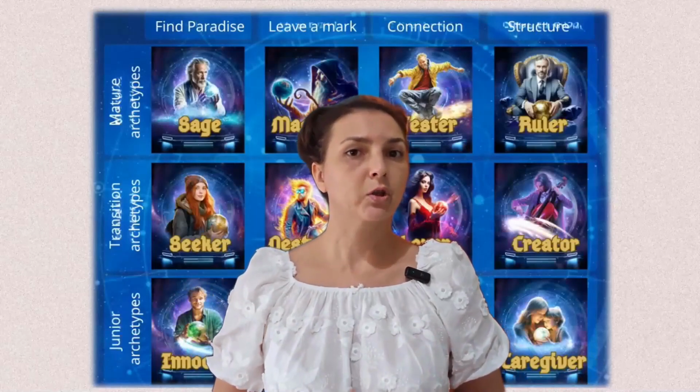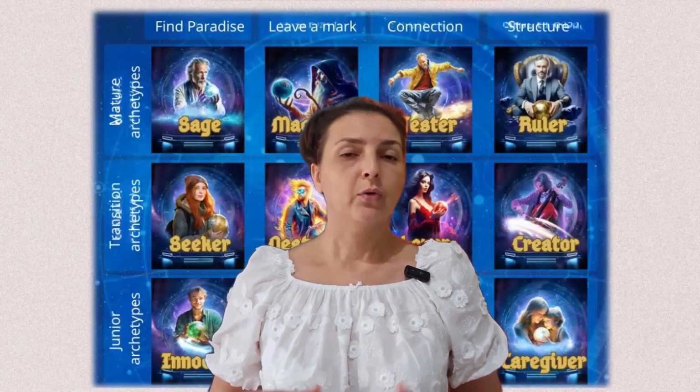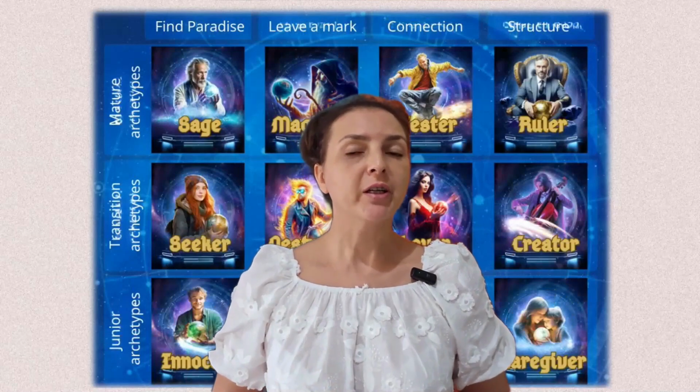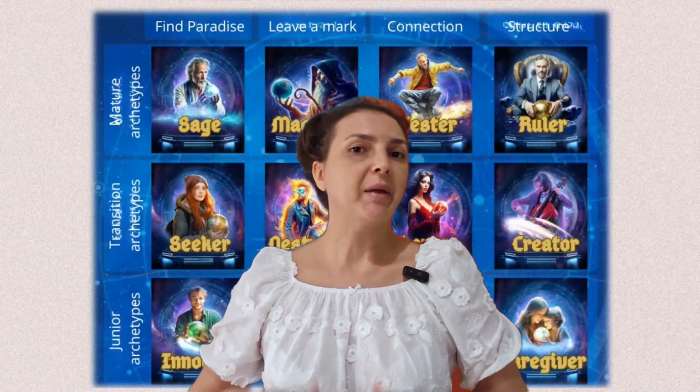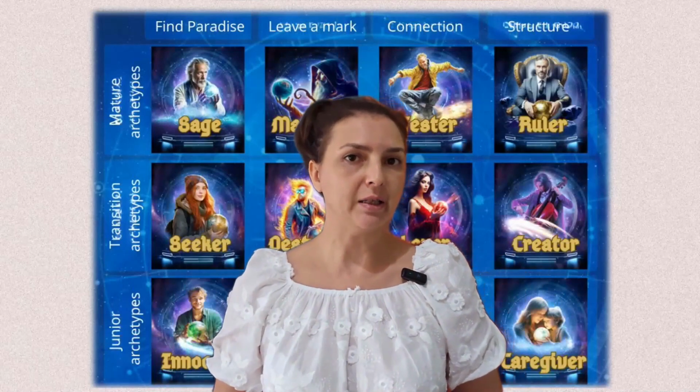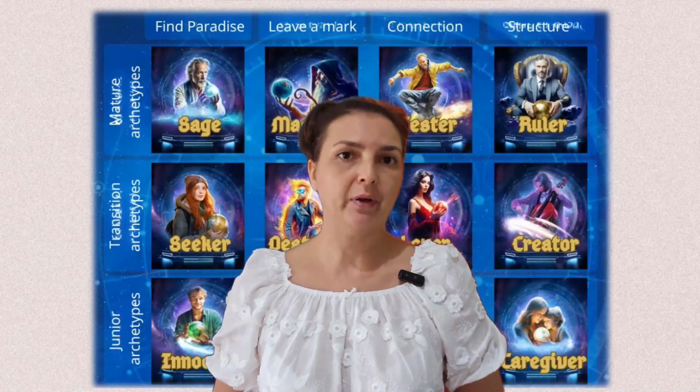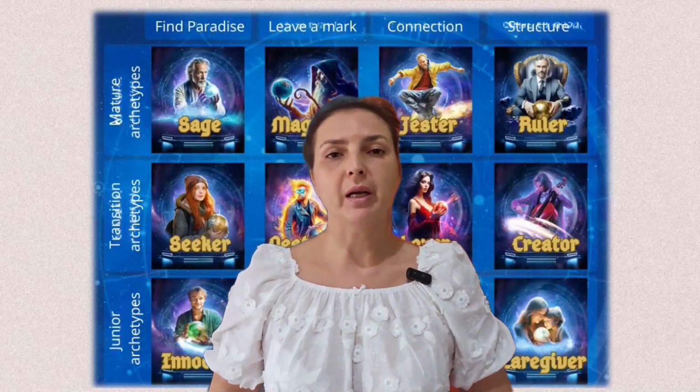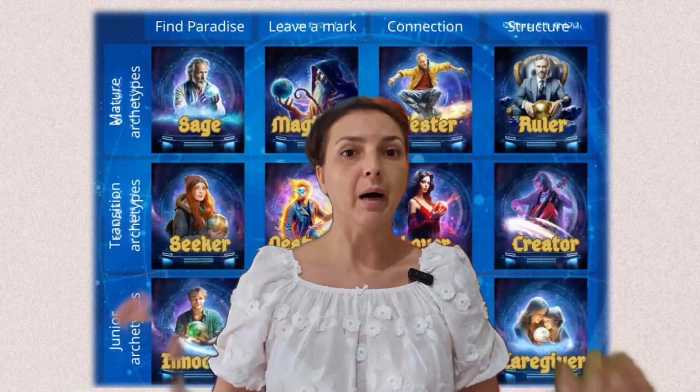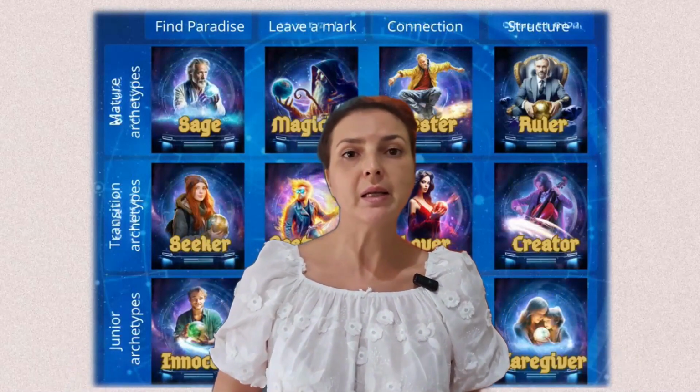This is the language of archetypes. Through the archetypal matrix, you can examine any psychological process in your life. How you show up in relationships with your partner, children, or colleagues. How you relate to money, work, or business.